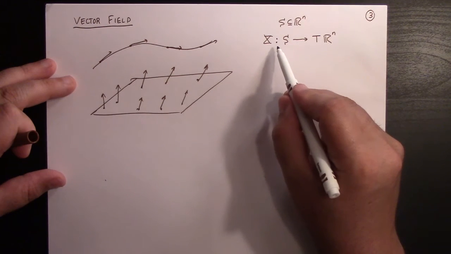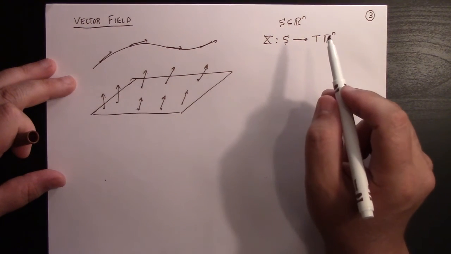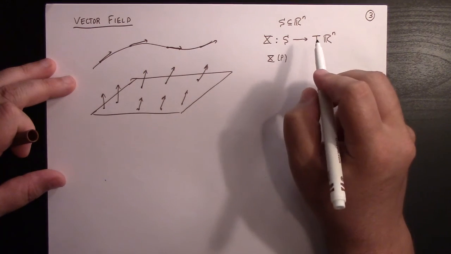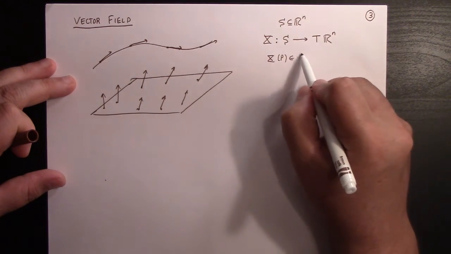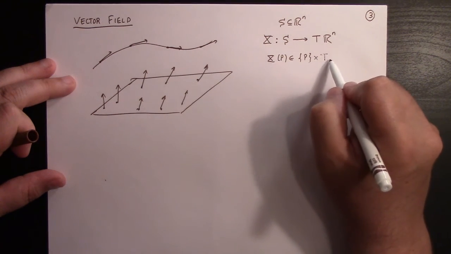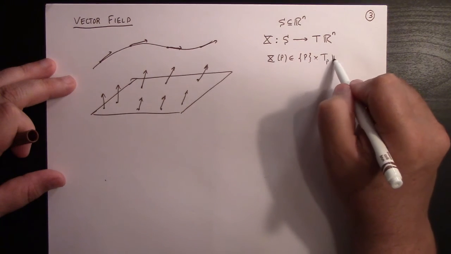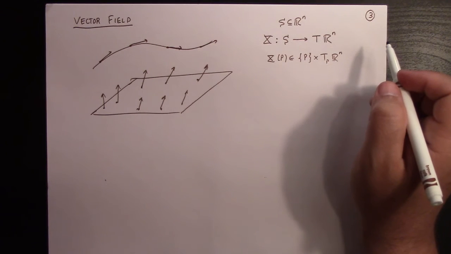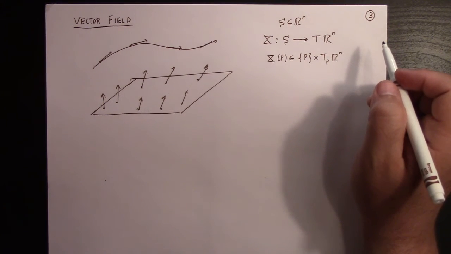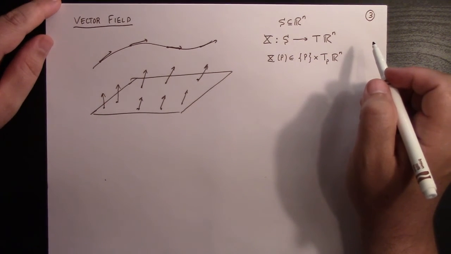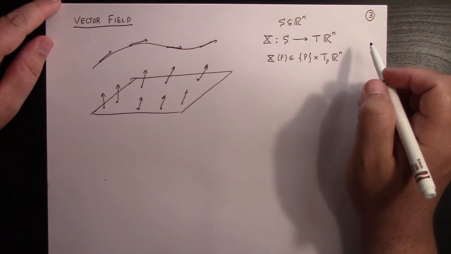So what makes X a vector field is if X of P is an element of, well, P direct sum with T_P R^n. So, what am I saying there? Not sure I need the T_P R^n there.